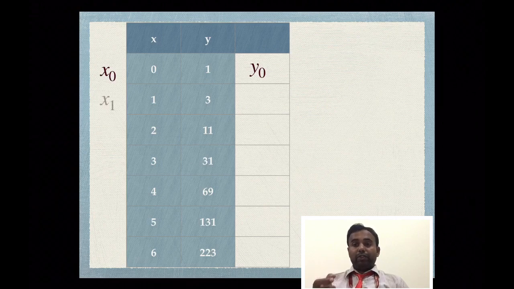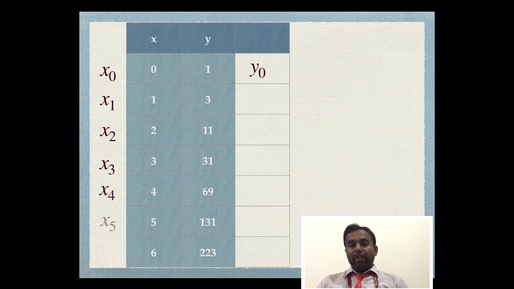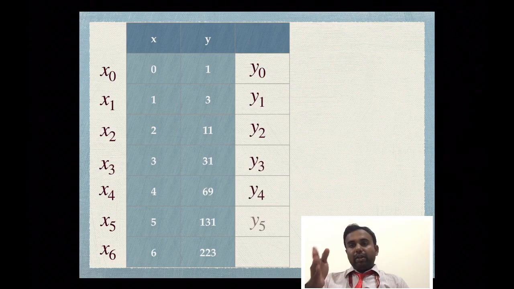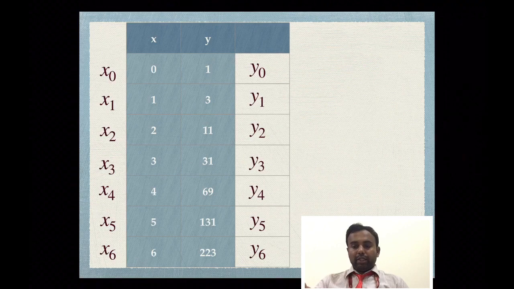Accordingly, 1 is written as x1, 2 as x2, 3 as x3, 4 as x4, 5 as x5, 6 as x6, and their corresponding values are y1 for x1, y2 for x2, y3 for x3, y4 for x4, y5 for x5, and finally y6 for x6. There is one more point here.